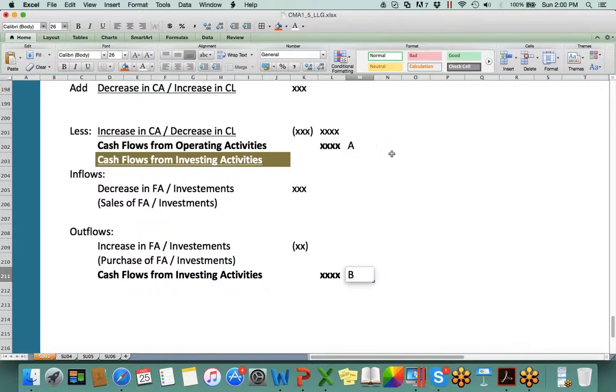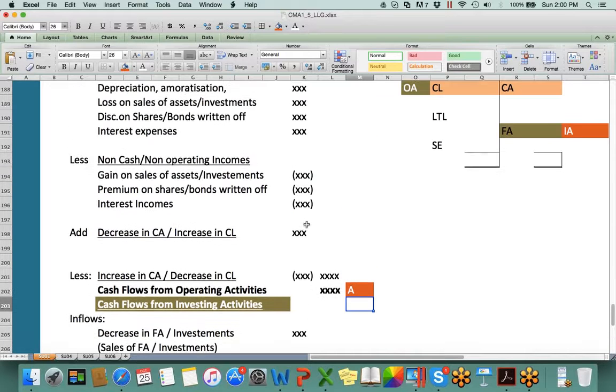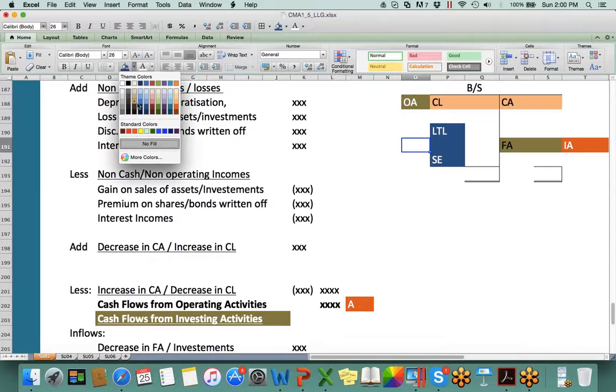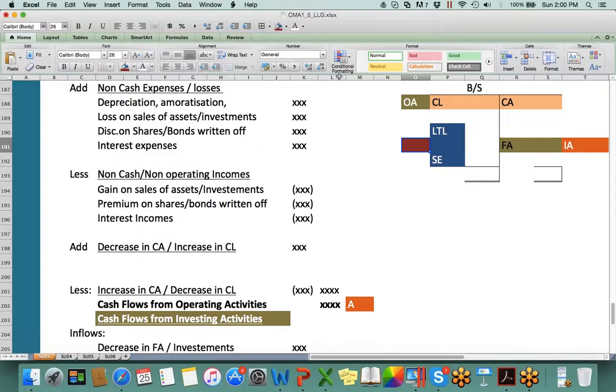Okay, this is A, this is B. So far we received A and we received B. We have one more activity that is called financing activity, which covers these two.